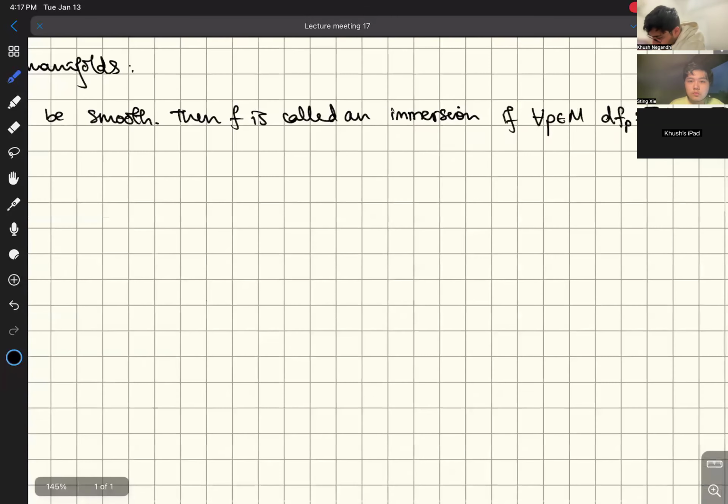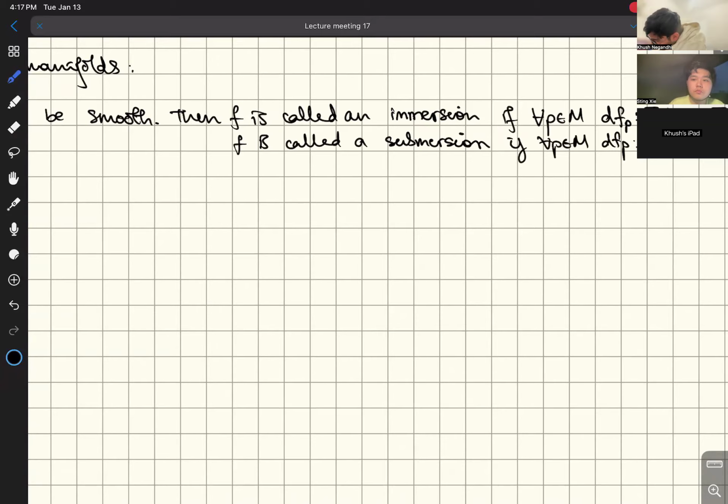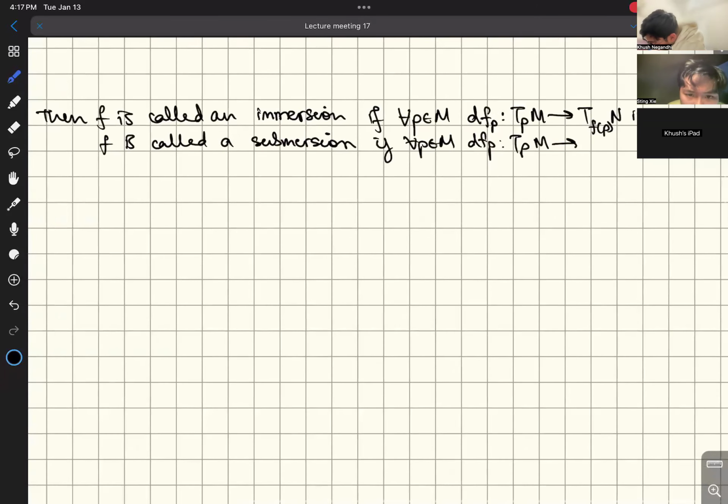Okay. f is called a submersion if for all points the differential is surjective. Okay.